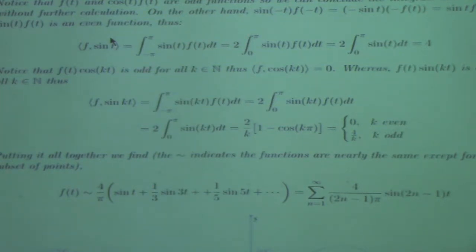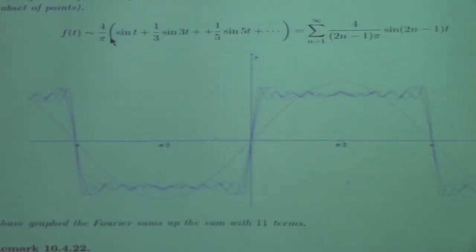So we get this Fourier expansion of the square wave: 4 over pi times sine of t plus 1/3 sine of 3t plus 1/5 sine of 5t, and so forth. In general, here's the Fourier expansion of the square wave, and here's a picture of it. You can see here the first, 0th order term, just the sine, which is kind of like the square wave.